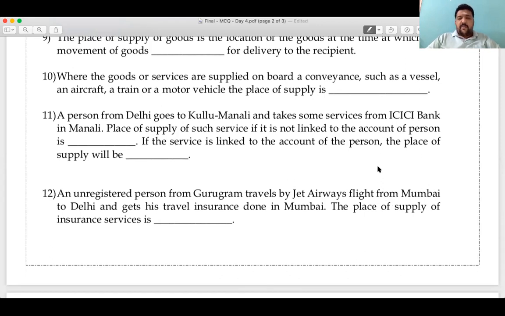The place where the movement terminates. When the goods or services are supplied on board of a conveyance, such as a vessel, aircraft, train, or motor vehicle, the place of supply is.